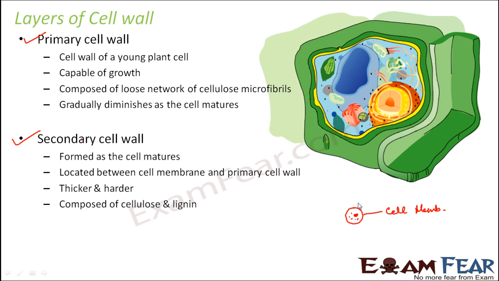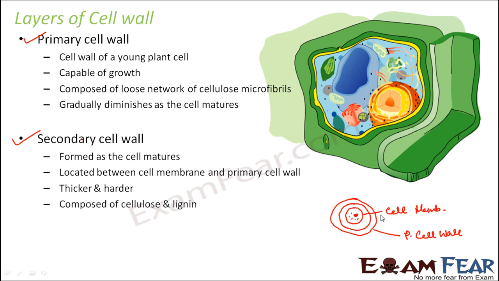Now outside the cell membrane, you have the cell wall. When the plant is young, this is nothing but your primary cell wall. Now as the plant is growing, this primary cell wall will give rise to the secondary cell wall. So where is that secondary cell wall?